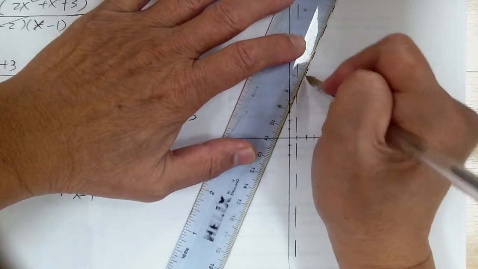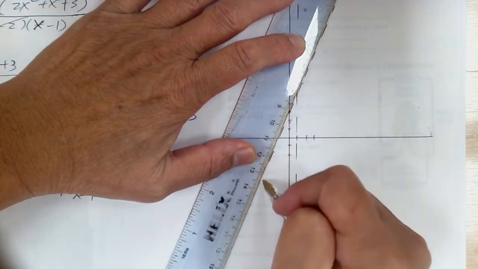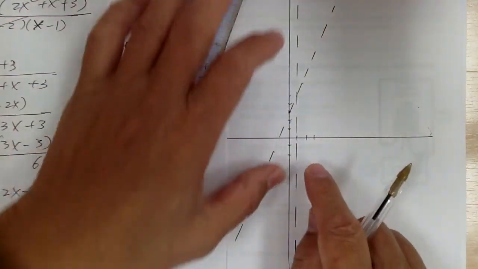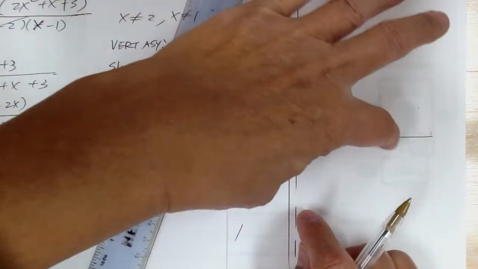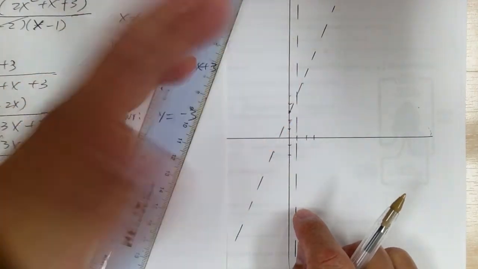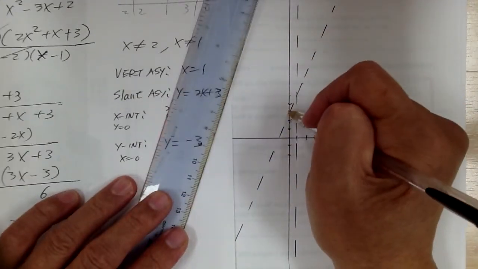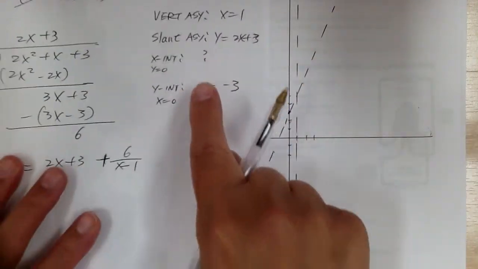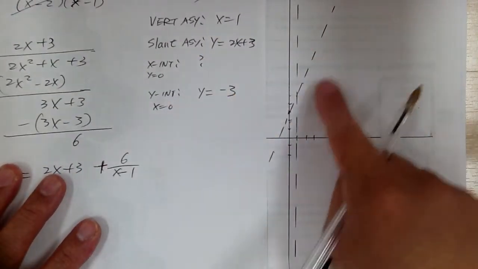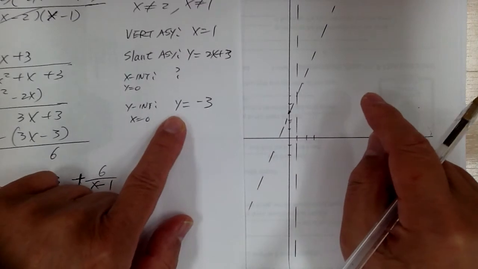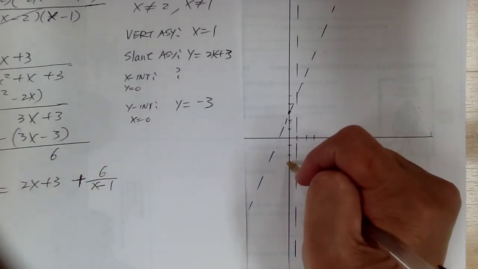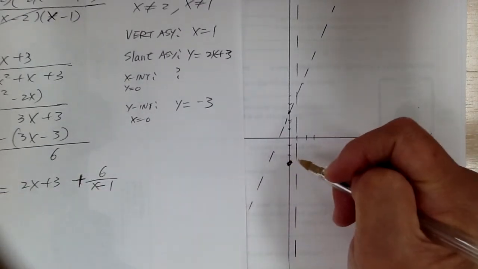You have to be careful in the book. The graph looks really weird because they scale this into 10 times as that. So over here is 1, but over here is 10. That's why the graph looks really compressed. Okay. But anyway, so this graph more like this. Okay, so that is your slant asymptote, and there's no graph over here. And then y equal to -3 is one of the points. Okay.